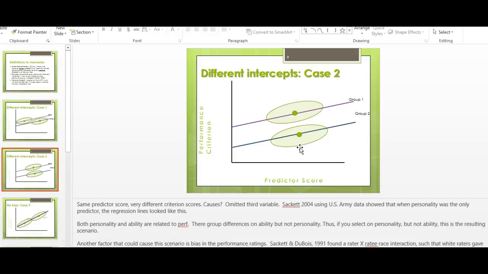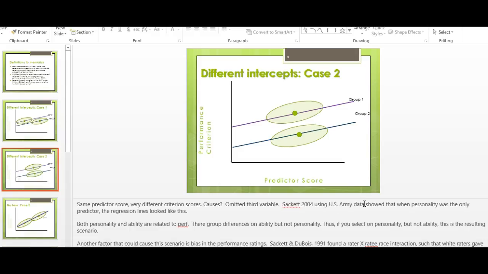What's happening when we're not using that is that the groups are scoring the same on our predictor that is not correlated with group differences. However, these differences are showing up in the criterion. So Sackett in 2004 wrote a piece, I think in JAP, and he used U.S. Army data. Surprise, surprise.